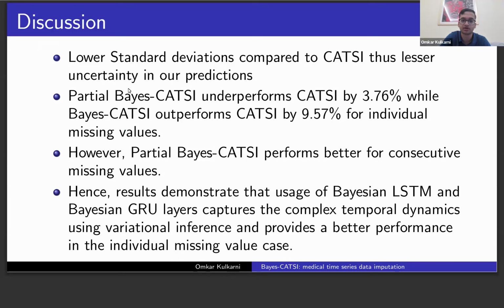While for the consecutive missing value cases, partial Bayes-CATSI performs better. Hence, the results demonstrate that the usage of Bayesian LSTM and Bayesian GRU layers captures the complex temporal dynamics using variational inference and provides a better performance in the individual missing value case.